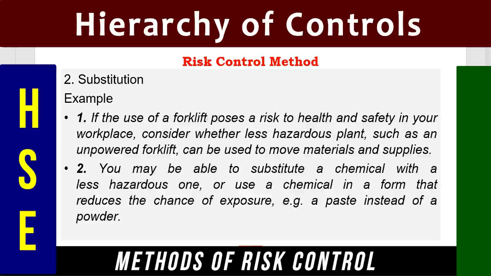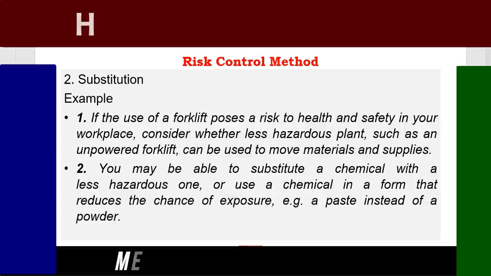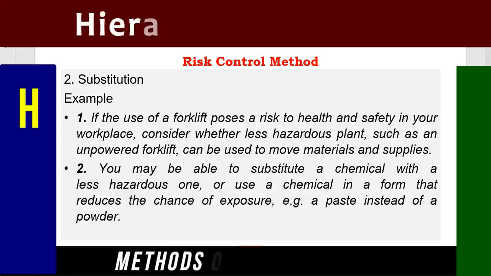Let us understand substitution with examples. If the use of a forklift poses a risk to health and safety in your workplace, consider whether less hazardous plant, such as an unpowered forklift, can be used to move materials and supplies.